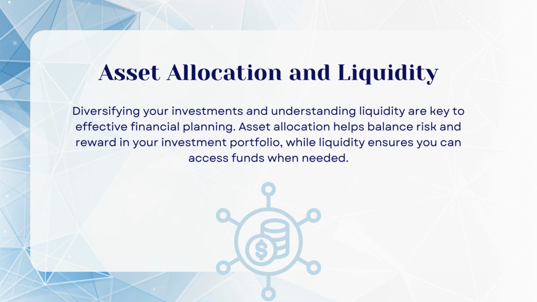If you own a home, it is likely you won't be able to sell it in one day. It's not a quick turnover. It's not very liquid. However, if you have something that you can quickly turn into cash and use, that means it's a liquid asset. So, understanding that and understanding how to diversify, these are key to effective financial planning.